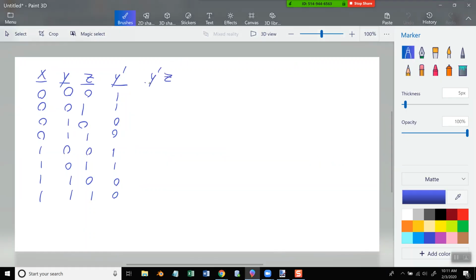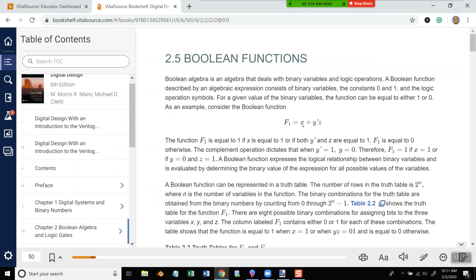That's not y and z. It's how you read that from a logic standpoint. But I'm going to multiply these two columns together. 0 times 1 is 0, 1 times 1 is 1, 0 times 0 is 0, 1 times 0 is 0, 0 times 1 is 0, 1 times 1 is 1, 0 times 0 is 0, 1 times 0 is 0. I'm going to double check myself. Okay. Then our next is the x plus.